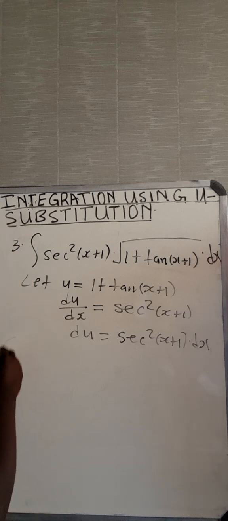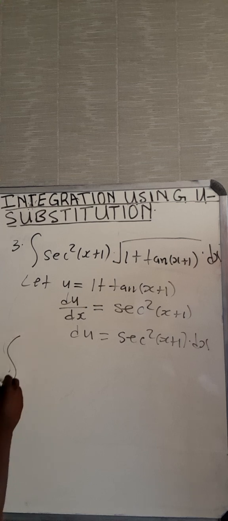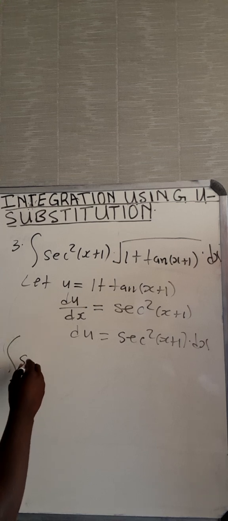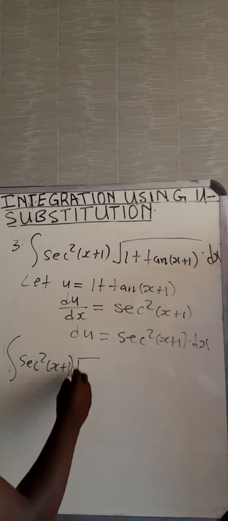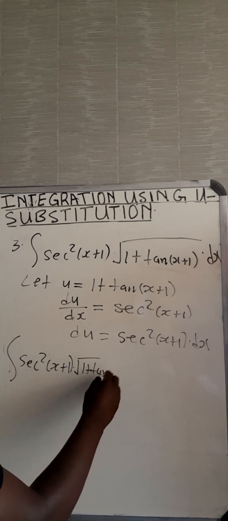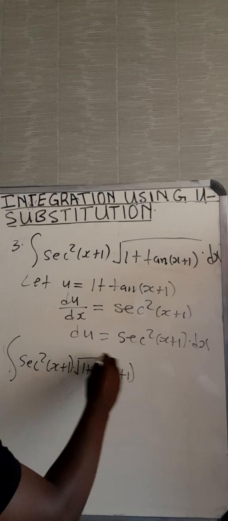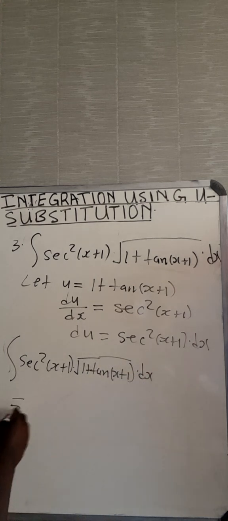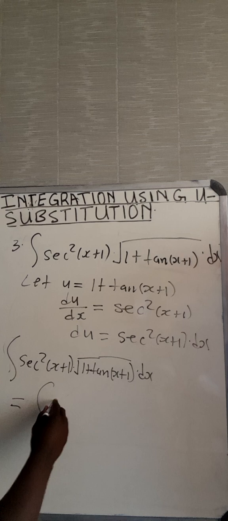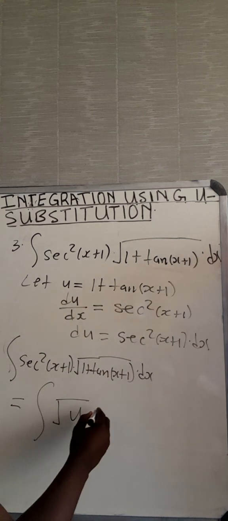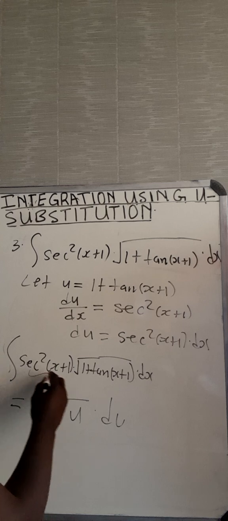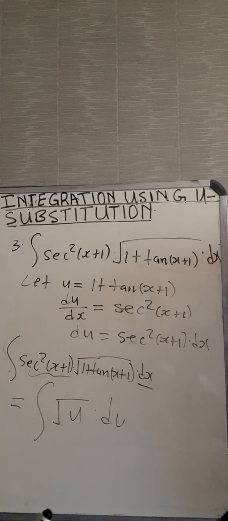So then the integral of sec squared of x plus 1 times square root of 1 plus tan of x plus 1 dx will just be equal to the integral of square root of u times du, because this part and this part is du.